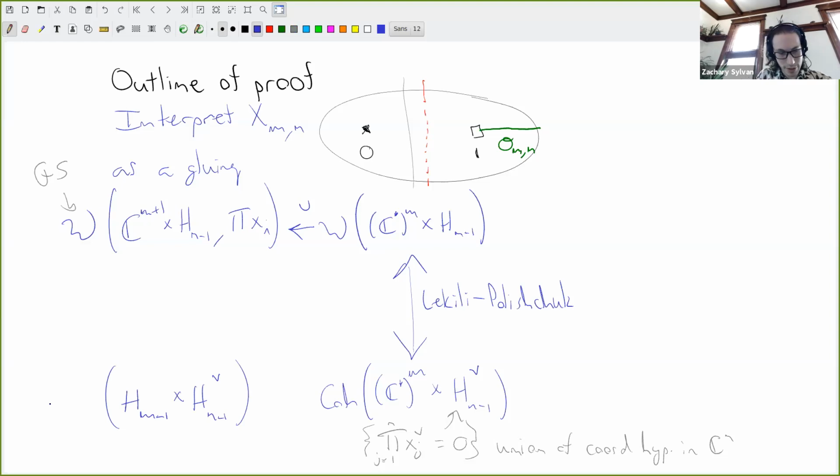And so again, we can take co here. This lower dimensional pair of pants is naturally a hypersurface of C star to the M. And so this is just some pullback along an inclusion, I upper star. And so mirror symmetry here was done by Abu Zaid and Aru.